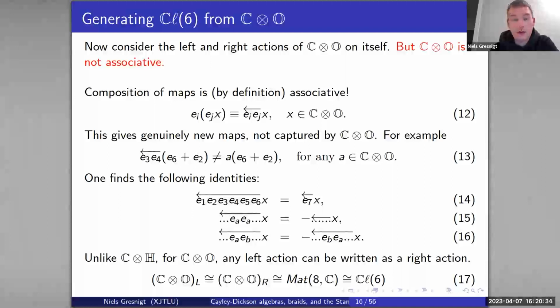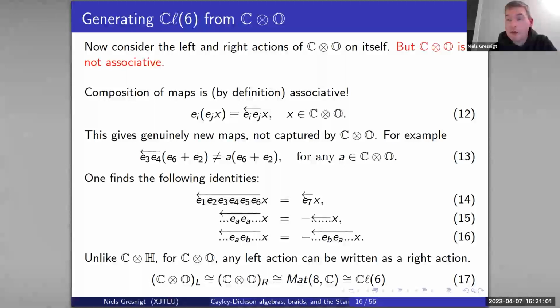So each of these adjoint actions, or each of these left actions, we could write as an 8x8 matrix. And we have 64 of them, and so we get a basis for CL6. Now, unlike for the quaternions, in this case, it actually turns out that the left actions and the right actions are isomorphic. They're the same algebra, right? So both of them give you a basis for 8x8 complex matrices.